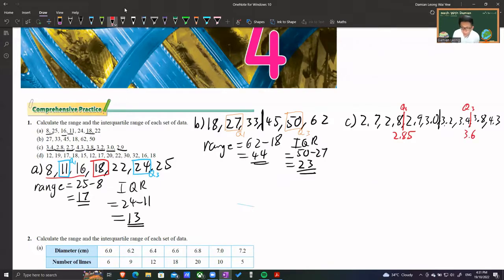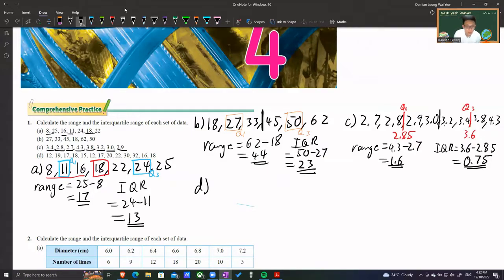Just add together, divide by 2. So range, again, highest minus the lowest number. 4.3 minus 2.7, which is 1.6. And interquartile range, 3.6 minus 2.85, which is 0.75.